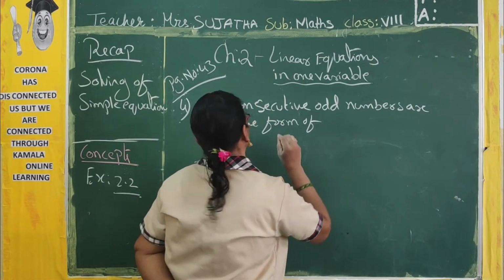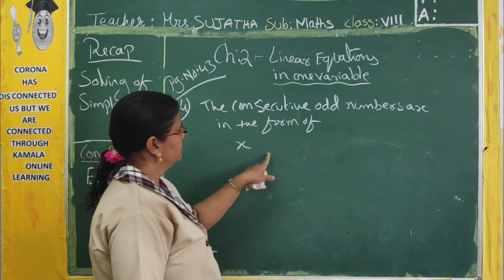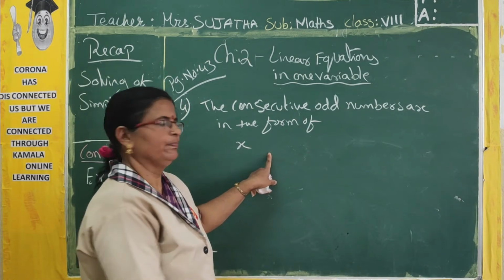If you take the first odd number as x, then the next odd number is x plus 2.